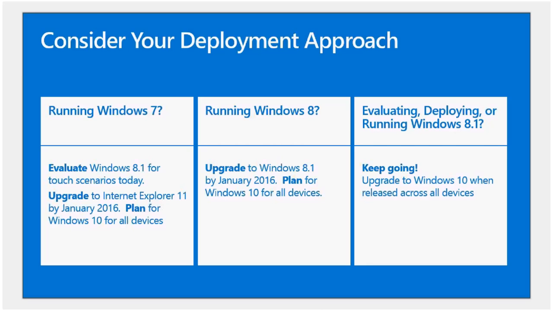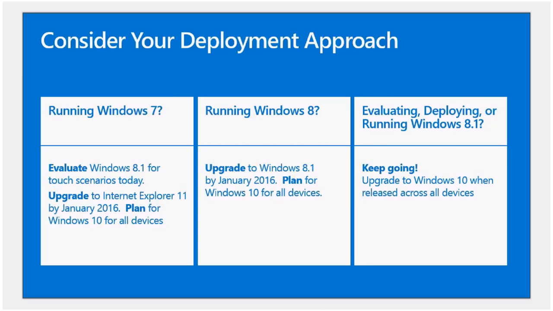For those, Windows 8.1 is really the only answer. Windows 7 on a tablet device most of the time doesn't work at all, but certainly it's not optimized for running Windows 7 on a tablet device. So we would say to look at Windows 8.1 for these touch-enabled scenarios, look at it for these line of business applications, but plan for the broad Windows 10 deployment later on.